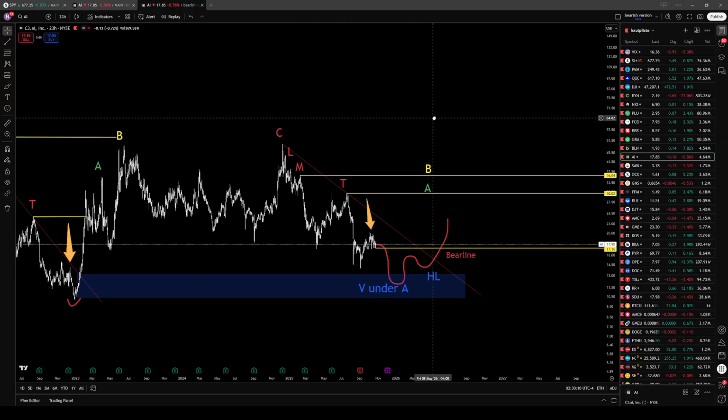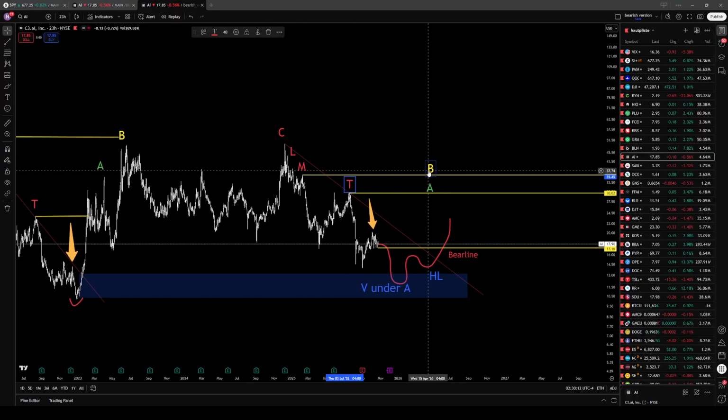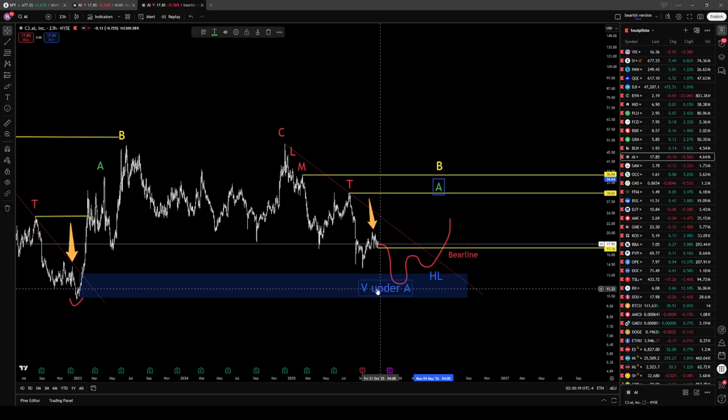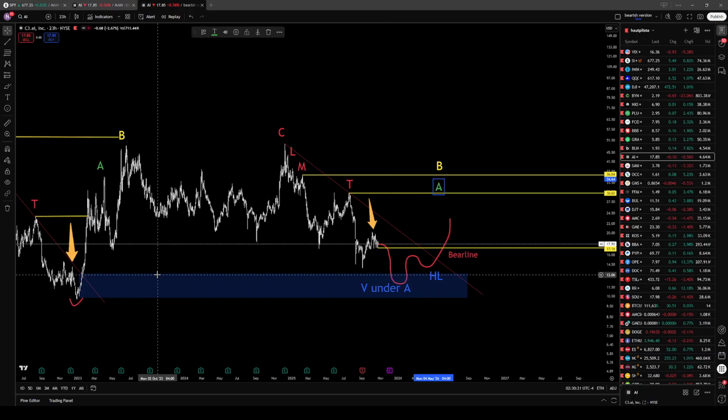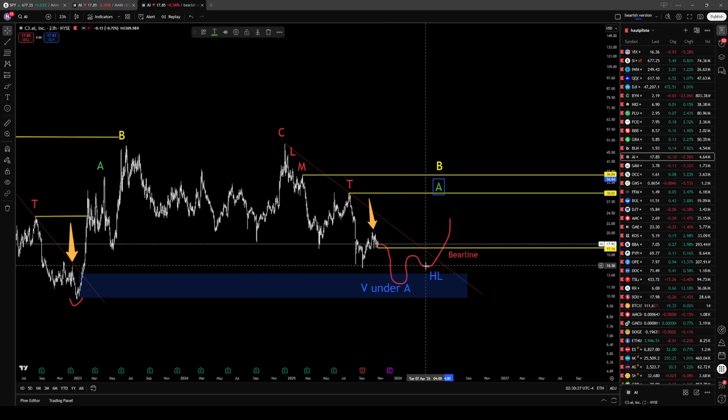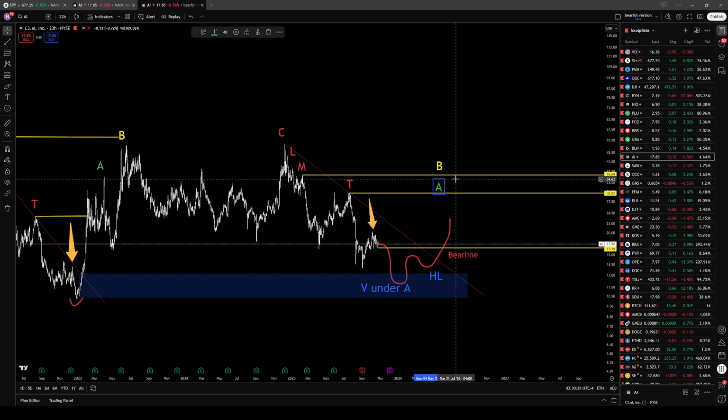So for this, the T and the B price targets stay the same, but we would still need a drop somewhere in this range between $13 and $10. There you would do your V&A, your high, low, and then you go up again to your A and B.